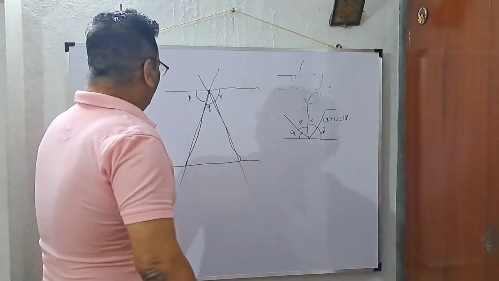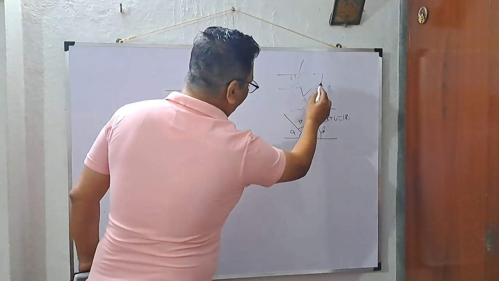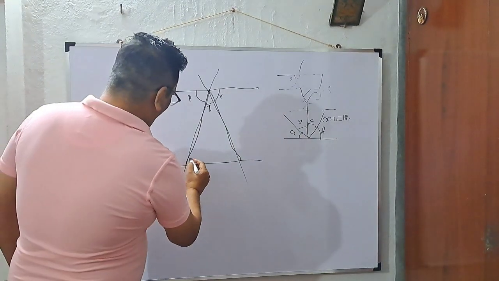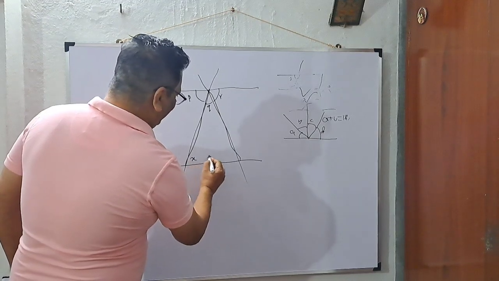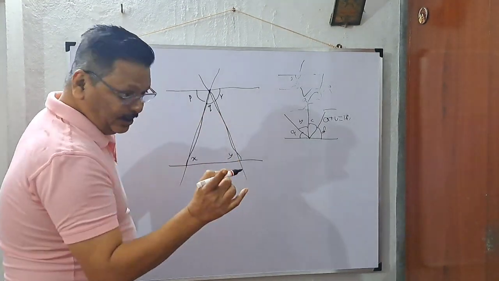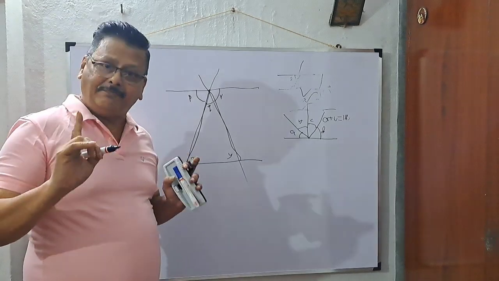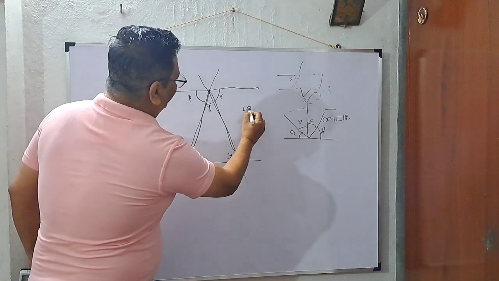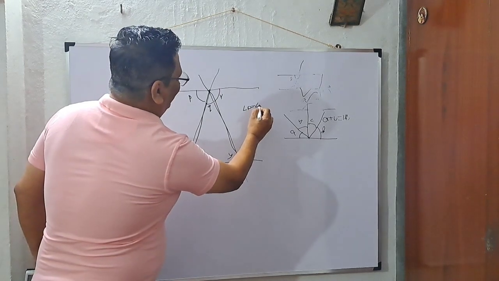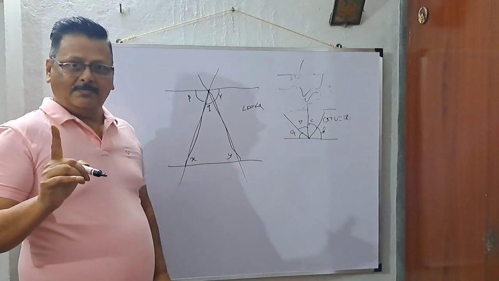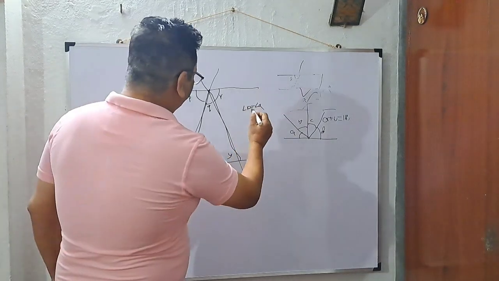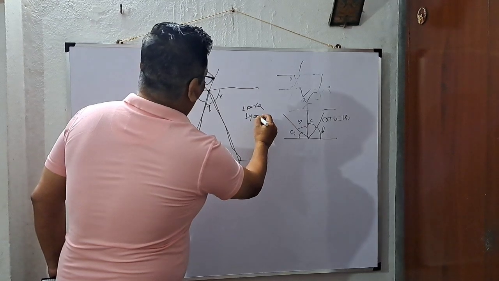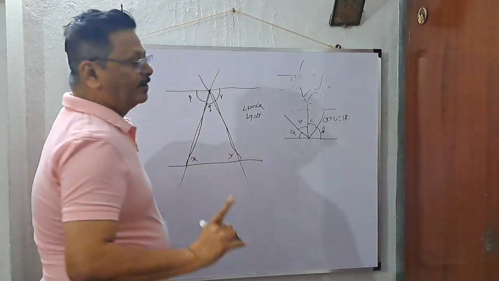Correct? Now, as we have learned here that alternate angles are equal, meaning thereby if you call this angle X and this angle Y, then by the property of parallel lines, angle P is equal to angle X. Am I correct? And also you can write angle Y is equal to angle R. Correct?